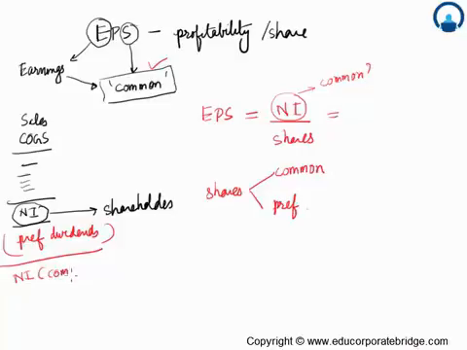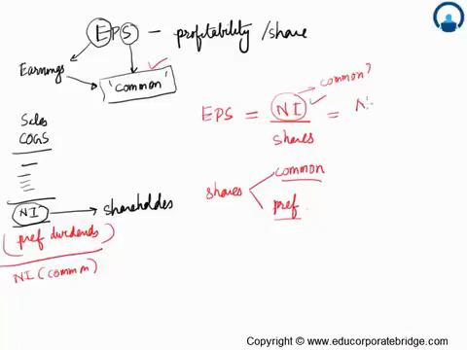So essentially, if there are two kinds of shareholding, common shares and preferred shares, preferred shares are eligible for dividend payouts, and because dividend payouts are given preference to the preferred shareholders, we need to deduct this first so as to calculate the numerator for the EPS.